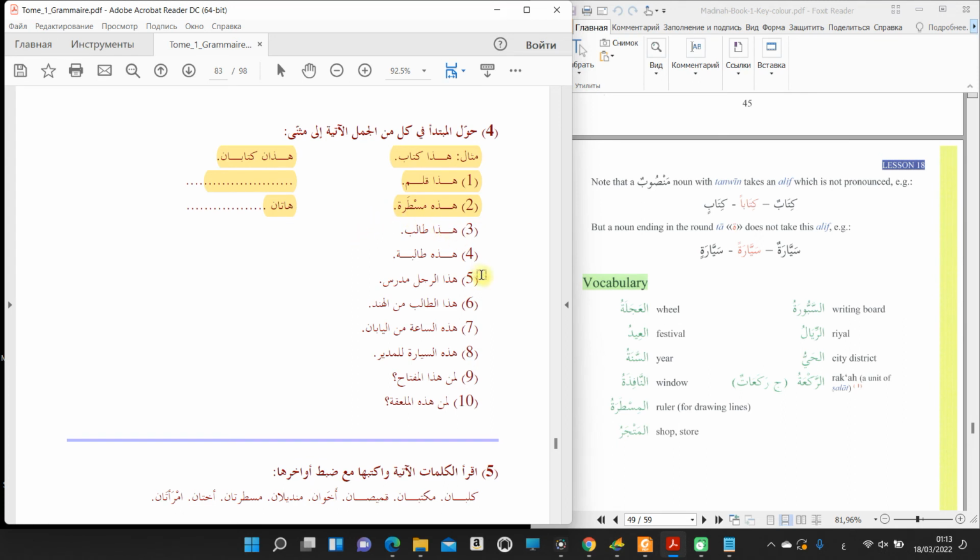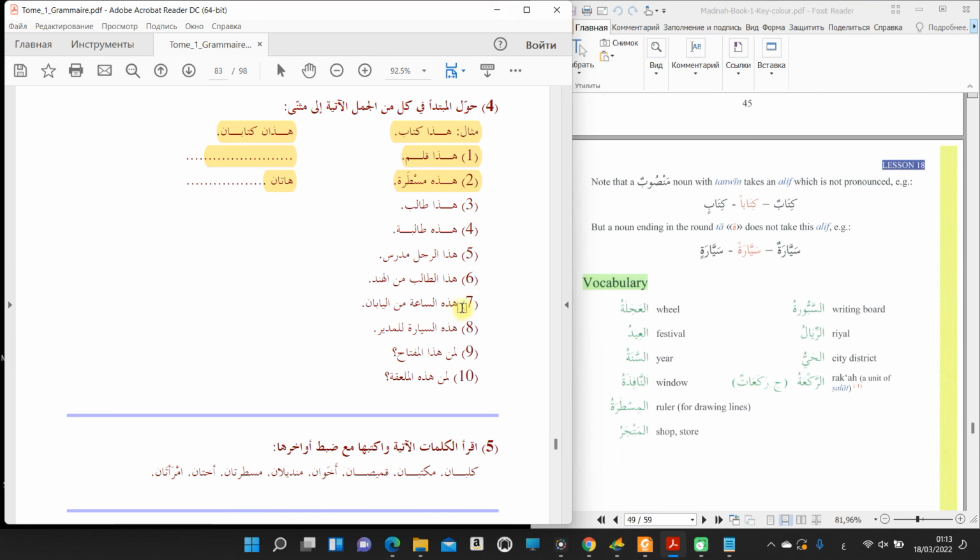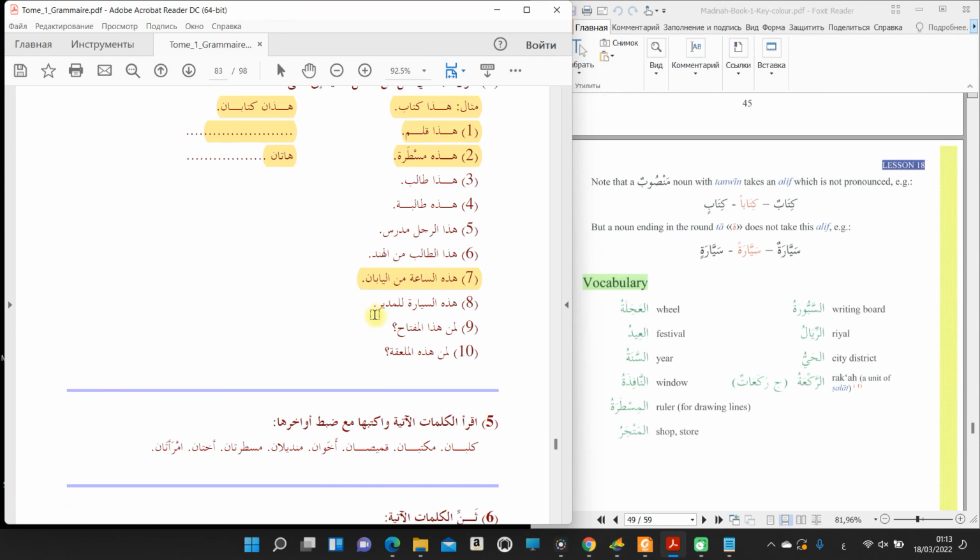And I think the rest of the exercise is pretty straightforward. It's all about like هذه الساعة من اليابان. هاتان, like this one. الساعتان من اليابان. Or لمن هذا المفتاح, whom does this key belong to?